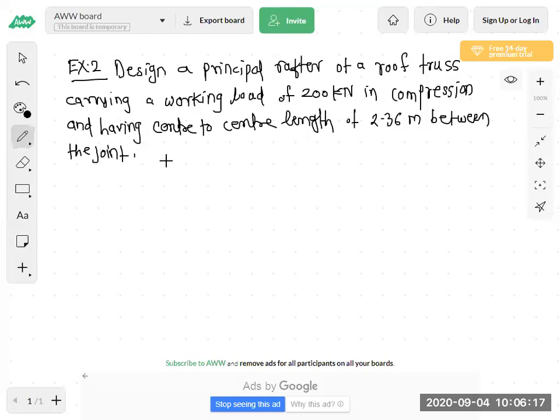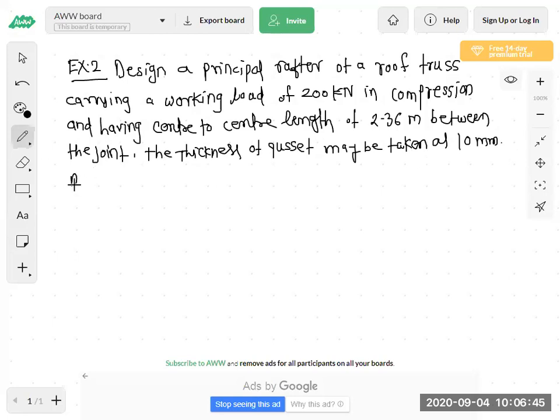Full stop. The thickness of gusset may be taken as 10 mm. Full stop.